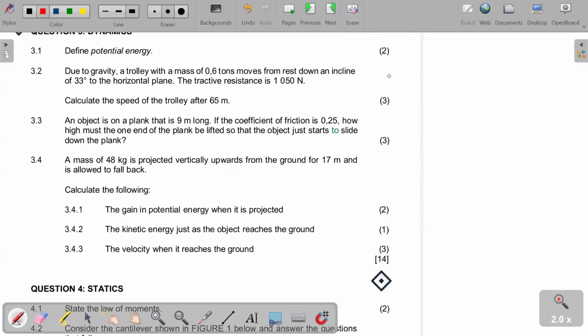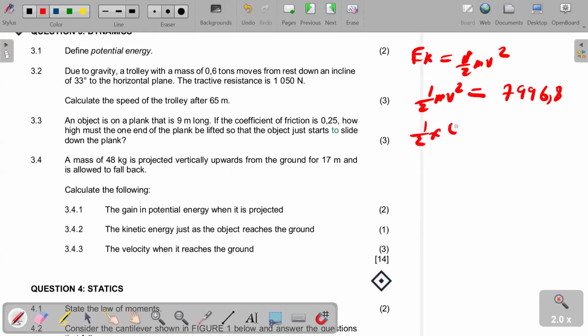Let's go to 3.4.3, the velocity. Velocity is taken from EK, which is given by half mv squared. So half mv squared is equal to 7,996.8. Substituting what we have, multiplied by 48, this is 24, of course.